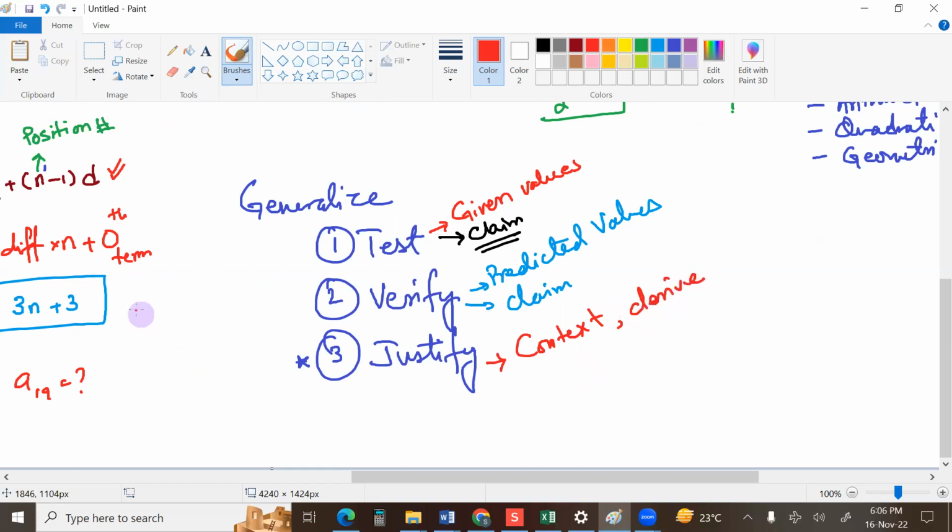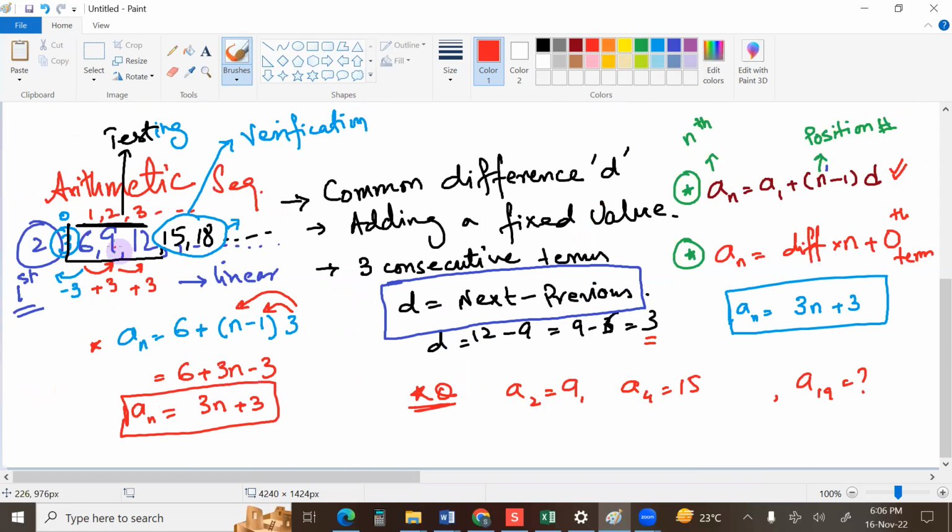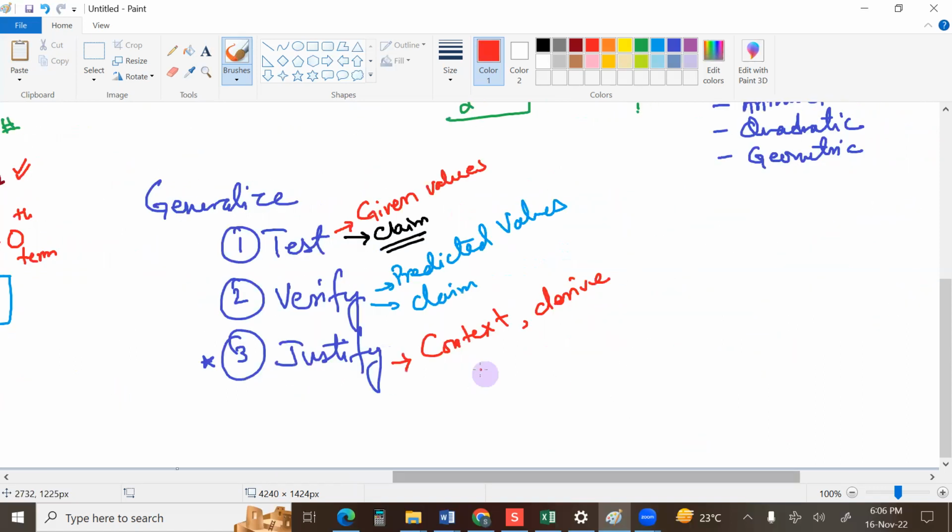Not just looking at the numbers, but actually, let's say these are the area of something, or this is the perimeter of some shapes in a growing pattern. If the perimeter is changing as 6, 9, 12, and so forth, or the number of sides of some growing pattern, then you have to derive that general rule from there.